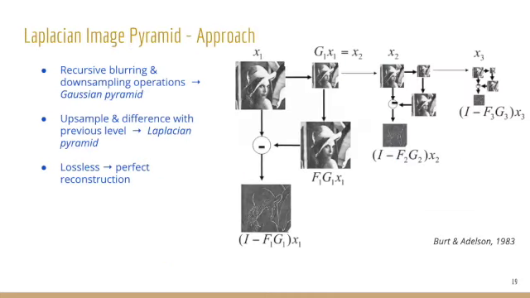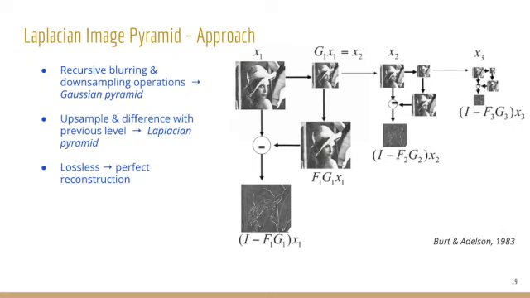This is fairly well known in the image processing world. What it does, very briefly, is say you have an image, you recursively blur it and downsample it to generate something called a Gaussian pyramid, because mostly people use Gaussian blurring for this.